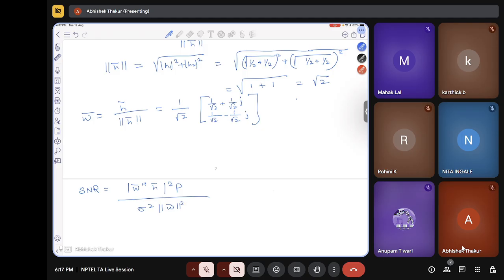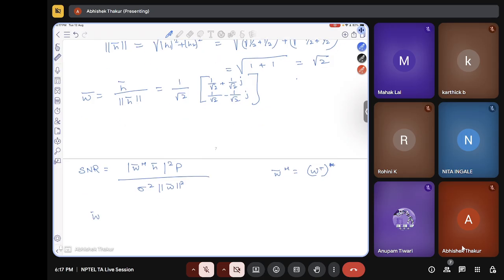So what is W bar Hermitian? That is W transpose conjugate. So now here W bar Hermitian H bar. What is our W bar? W bar we have found it here. So what is this? 1 by root 2.